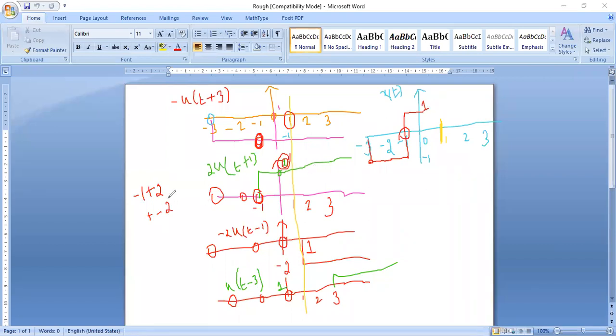So till 1, I have to maintain the previous amplitude, and the transition happens at t equal to 1. So how much should be the amplitude? -2 plus 2 gets cancelled. So my amplitude will be -1. So at t is equal to 1, my amplitude is -1. I hope you are getting this point. Am I right?